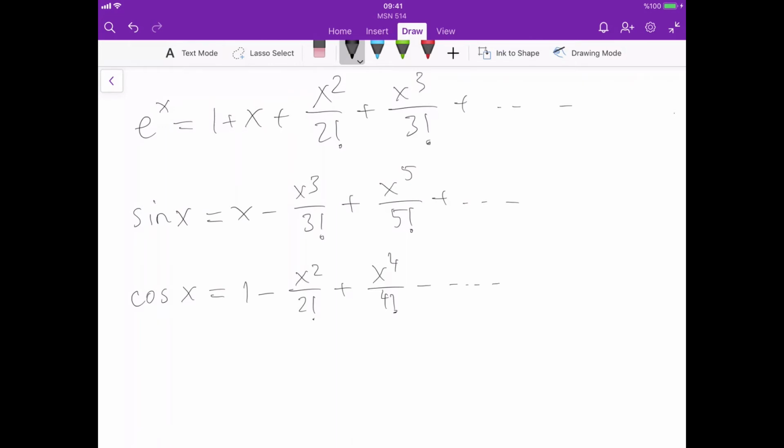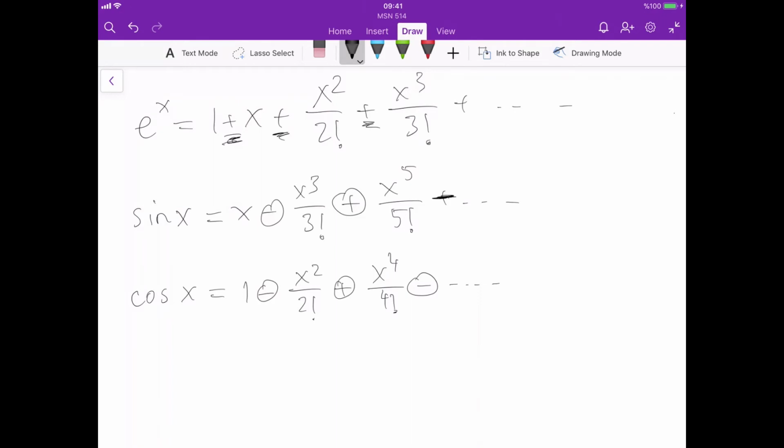How can we put these equations together? You can see that the exponential has this plus, plus, plus, plus, while sine has plus, minus, plus, minus, and cosine again, plus, minus, plus, minus, right?